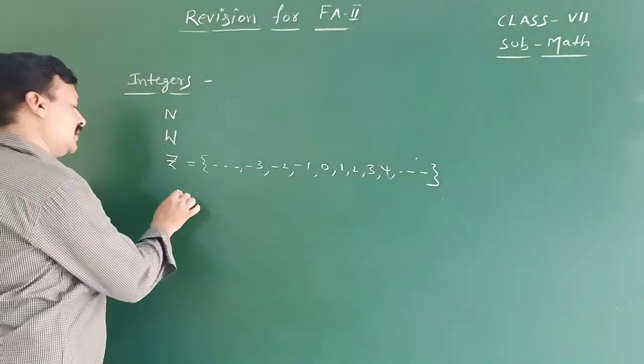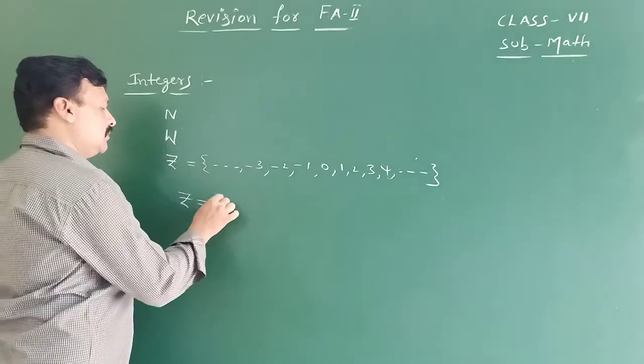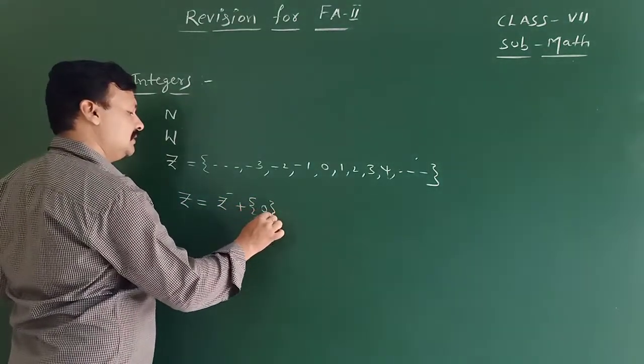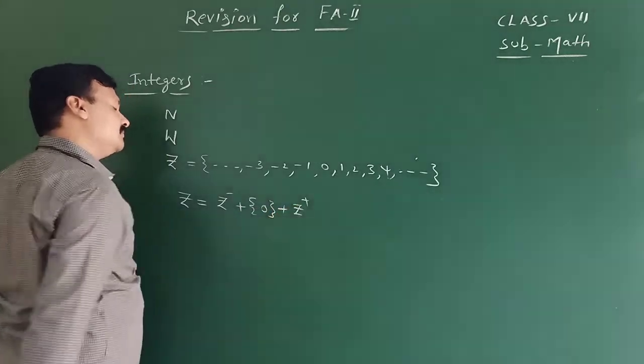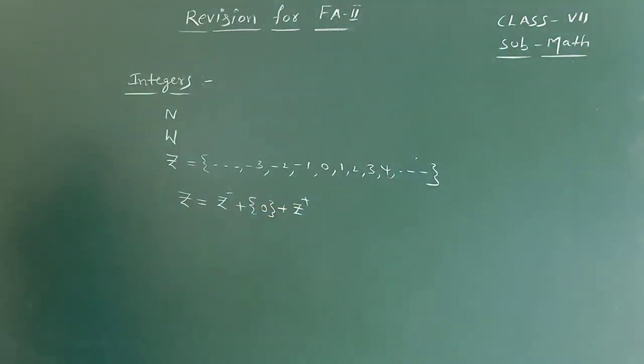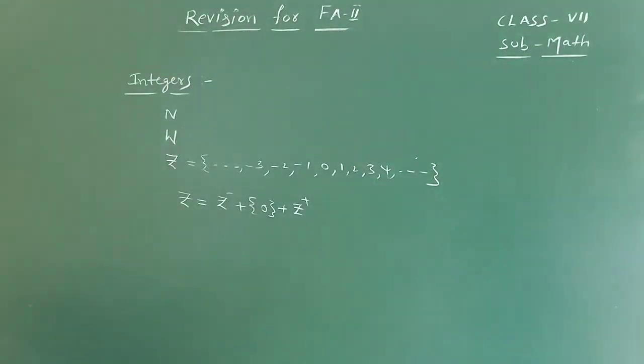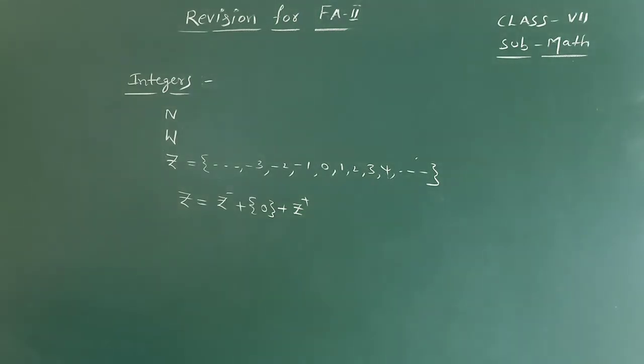Integers have 3 parts: positive integers, negative integers along with the 0.